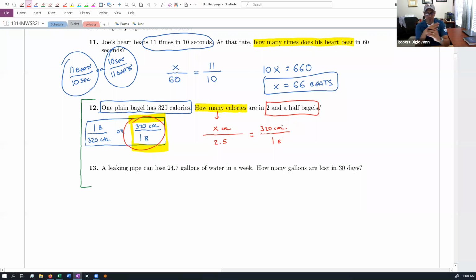Then we can just look at this as numbers, forget all the units for a moment, and do our little cross multiply. So 1 times X is X, and 2.5 times 320 is 640, 750, I think. Just double check this. My arithmetic doesn't feel like working today. 800. How did I get that so wrong? 800 calories. Here we go.